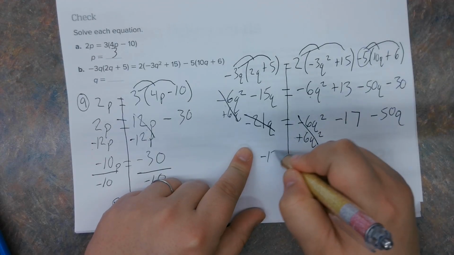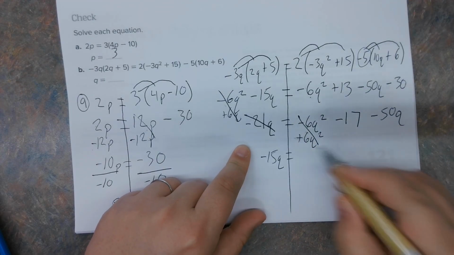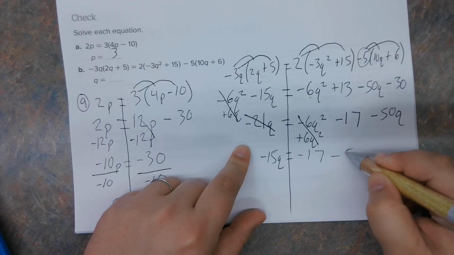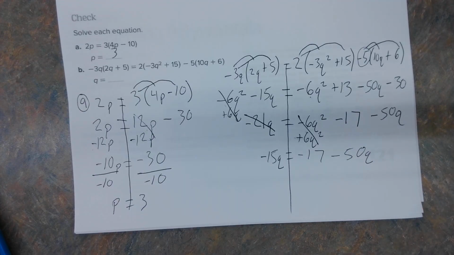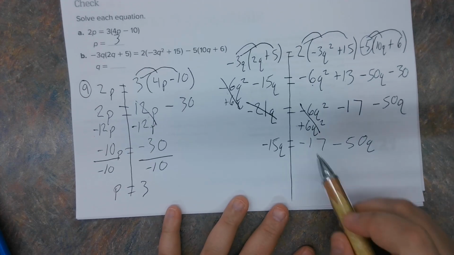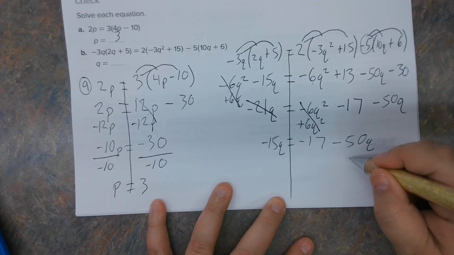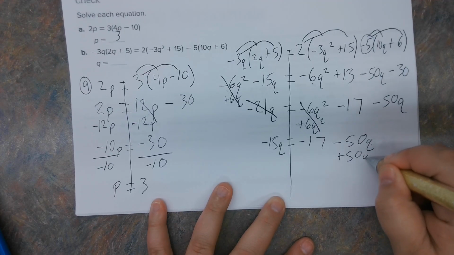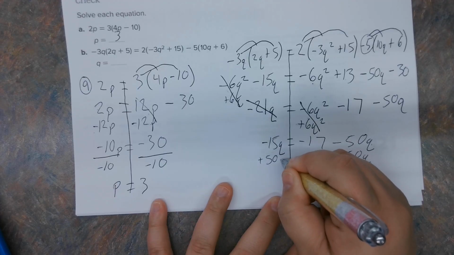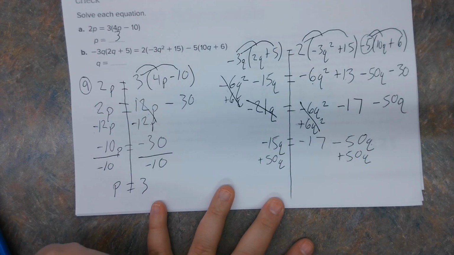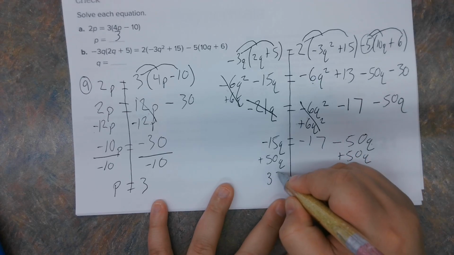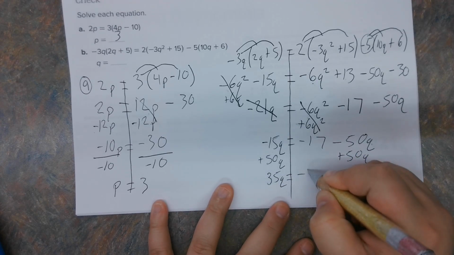This side is still the negative 15q. And I have negative 17 and negative 50q still. I need q to be on one side, so I'm going to add 50q and 50q. So I have negative 15 plus 50, which is 35q equals negative 17.